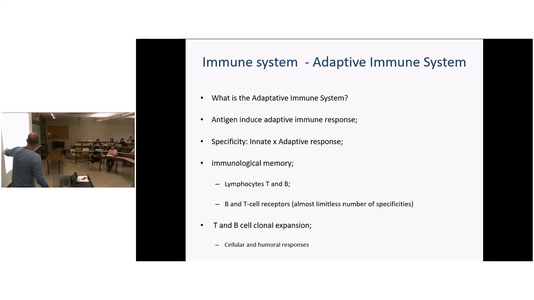Now, the adaptive system, we always talk about these B and T cells, okay? B and T cell receptors, to recognize these guys, you can have as many as your body has been exposed to during your life that is perceived as foreign. Okay?